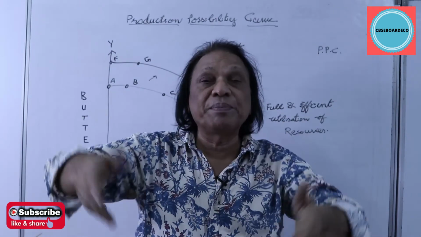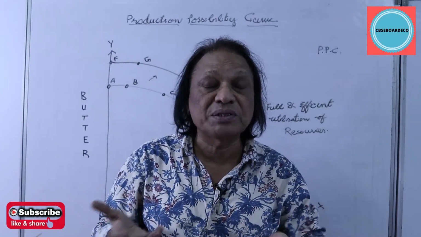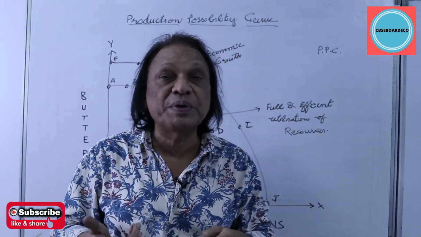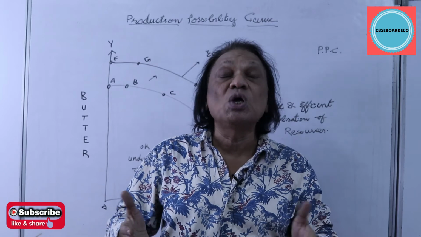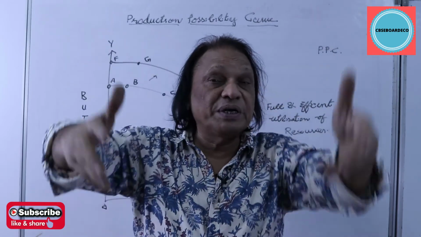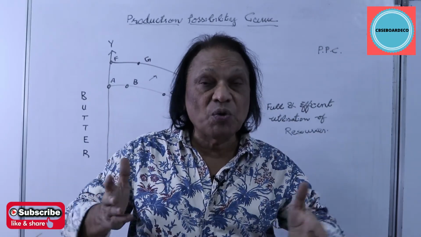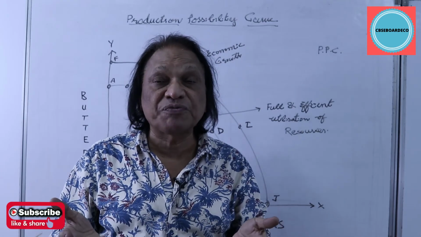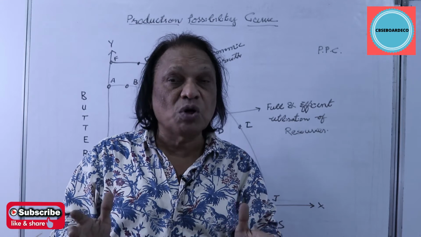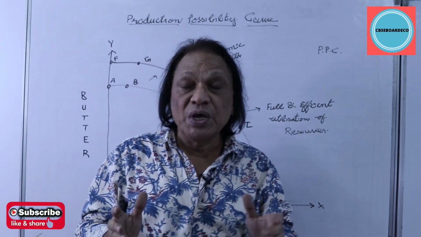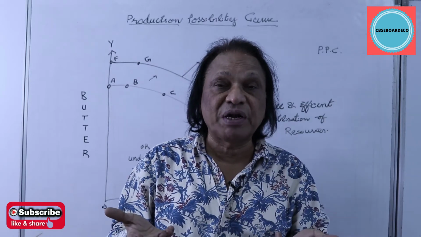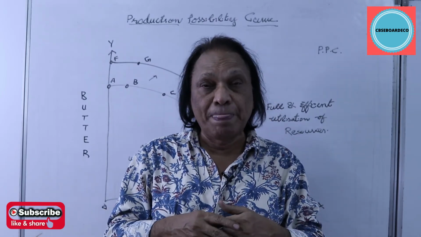Maybe in the coming days, months and years, we will be in a position to produce more because the technology will change and there will be more availability of resources. Right now, we can't go beyond these possibilities. So the PPC shows different possible combinations of two commodities an economy can produce using all its available resources fully and efficiently at a given level of technology at a given point of time.